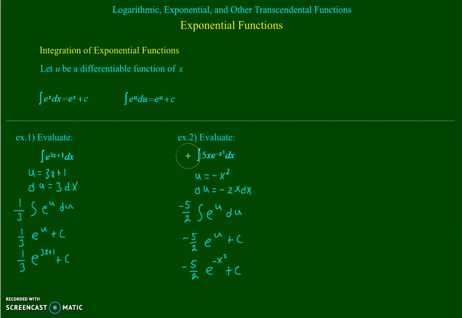So the constant we're going to have out here is negative 5 over 2, because this 2 drops to the denominator and it combines with this 5. And then we have again the integral of e to the u du, which is again e to the u plus c. We back substitute our u in here, and this is our final result.